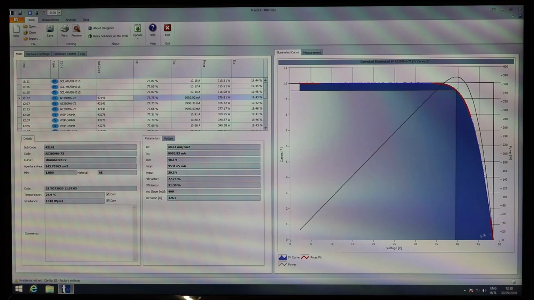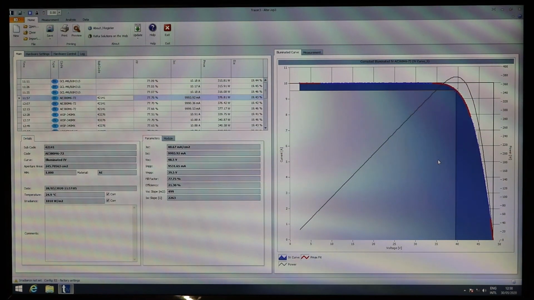The second point is open circuit voltage, and as follows, the current is equal to 0, and our voltage is then at its maximum. The next point is the maximum power point, and for this point we have a current and voltage whose multiplication gives us the biggest power.